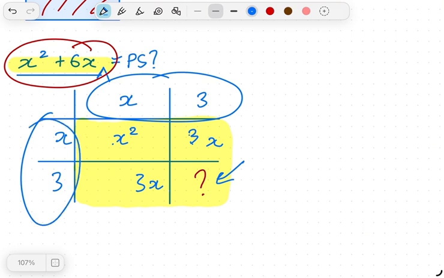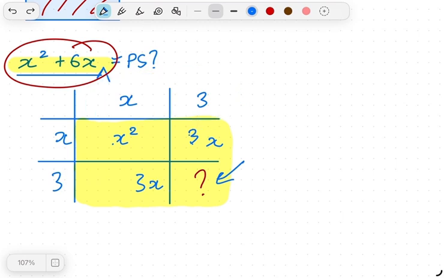And that's the only possibility to ensure these two numbers add up to 6. So, what can we do to get this missing number right here? Well, by deduction, we know that this is 3 and this is 3. So when we take 3 times 3, what do we get?